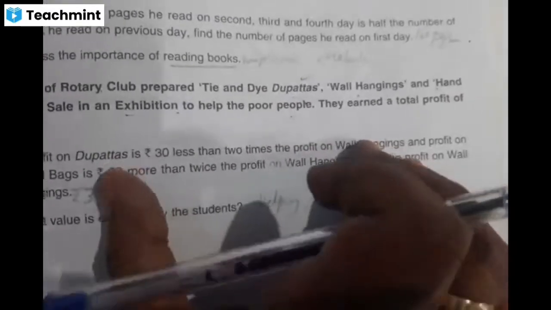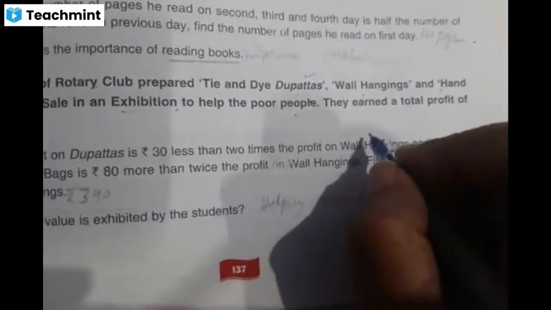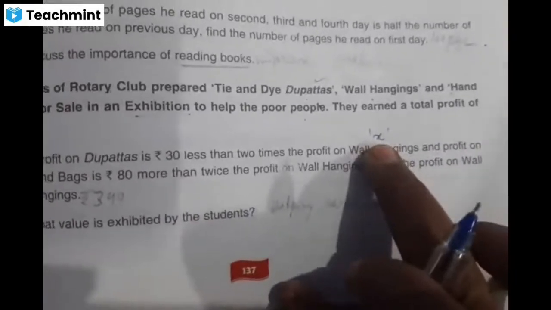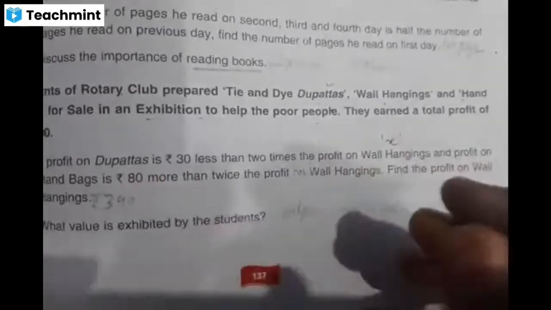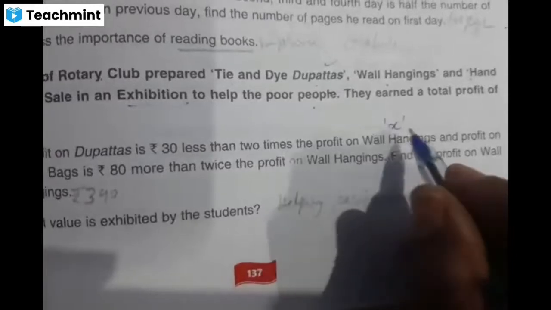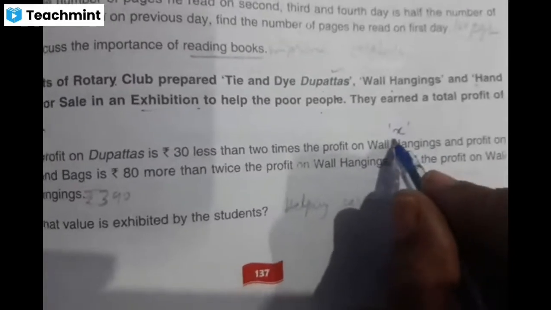Here what we have to do, children, let us take the profit made on wall hangings as X. We don't know how much the profit is. Directly they have not given the number. So the profit made on wall hangings be X here.